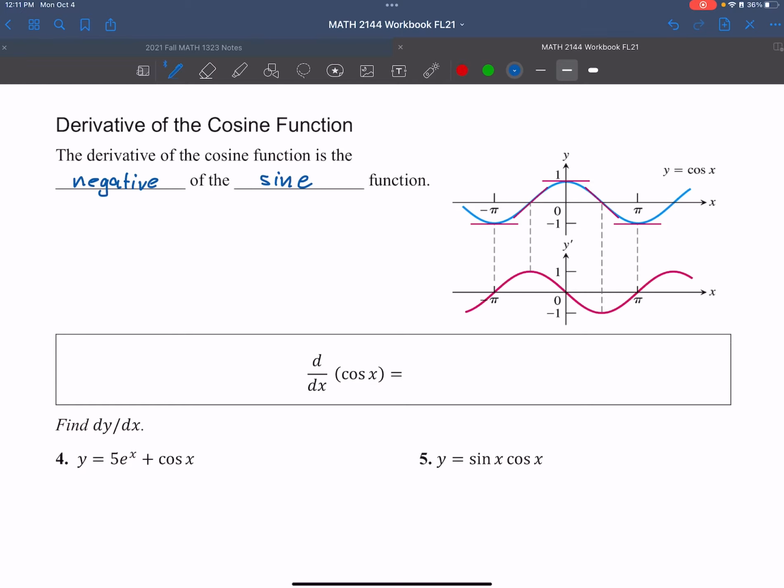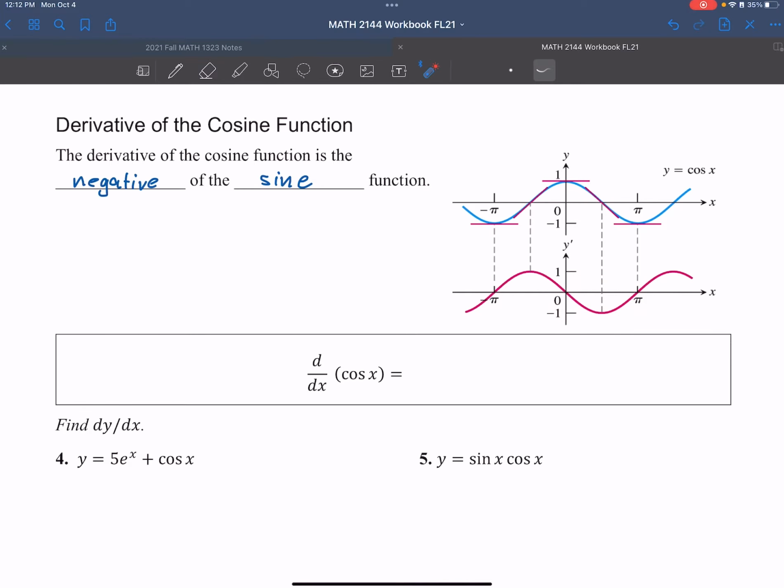And you can see that just doing some basic ideas as before: remember whenever you have your maxes and mins, your horizontal tangents, when you consider the graph of the derivative, these are your x-intercepts on the graph of the derivative. And then just the other ideas we talked about before, wherever the graph is decreasing, that is where you're going to be in a negative quadrant in the graph of the derivative.